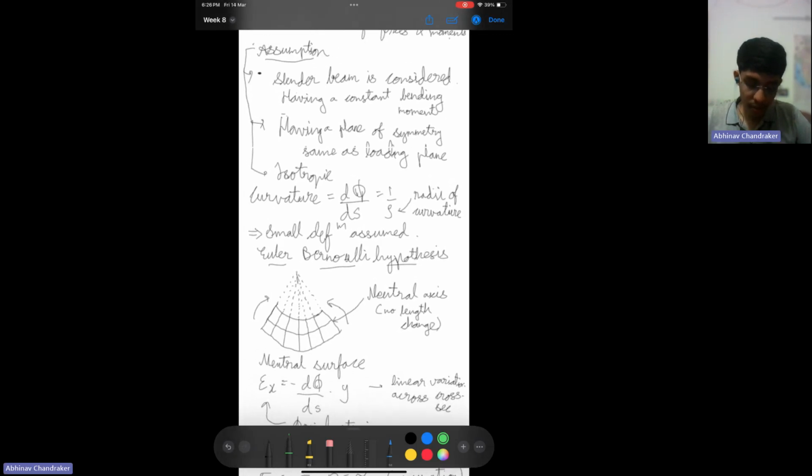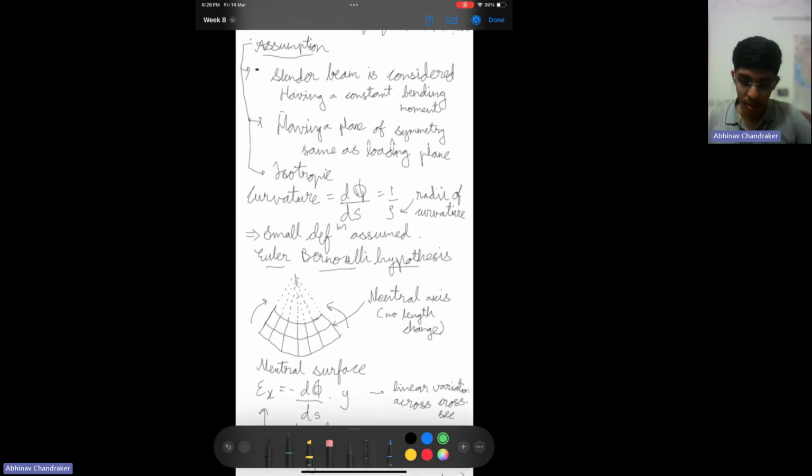Next we also have the assumption of isotropy. Just like we did for almost all of our previous studies, when we want to form mathematics, we always have to simplify, and isotropy is the most basic assumption we made.